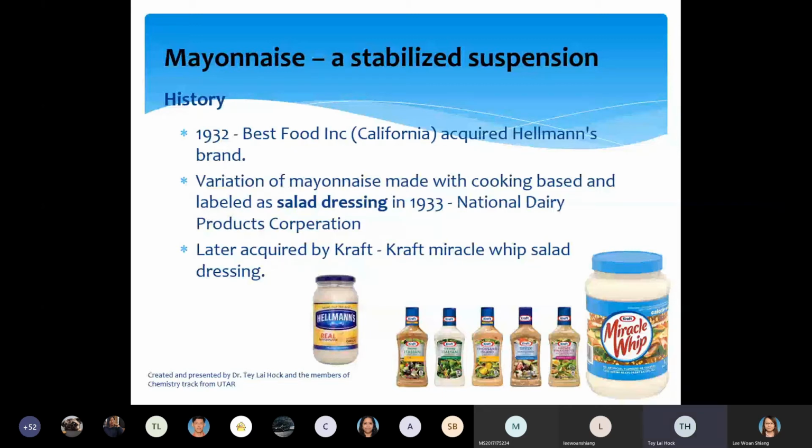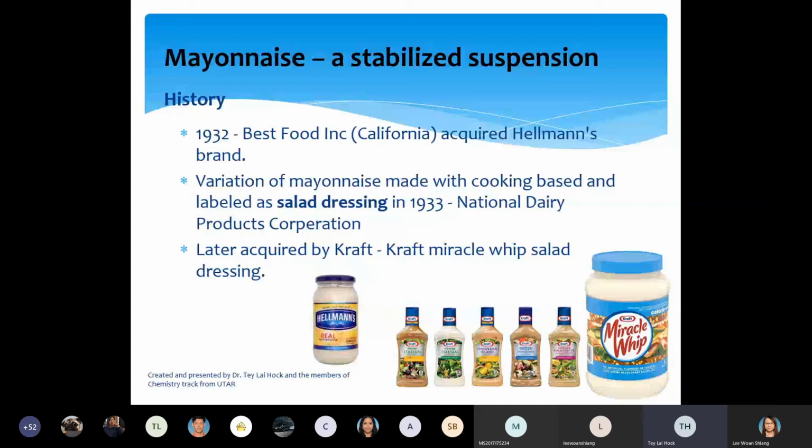Later, in 1932, a fast food company acquired the Hellmann's brand due to its popularity. Besides that, there are a lot of variations of mayonnaise made with a cooking base, which they call salad dressing, in 1933 by the company National Dairy Products Corporation.